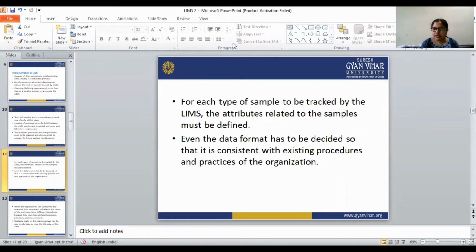So this is very easy for the vendor as well as the customer to work in the particular LIMS. The implementation of the LIMS is the most important thing, and at that time planning is a must between the customer as well as the vendor.